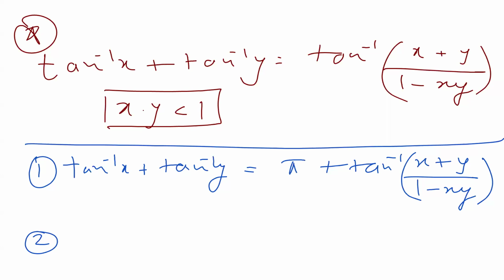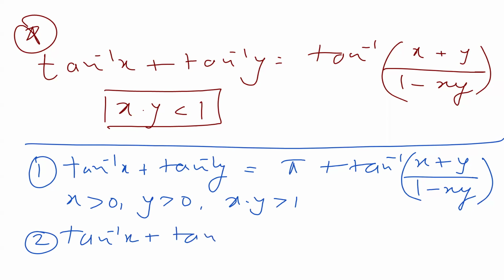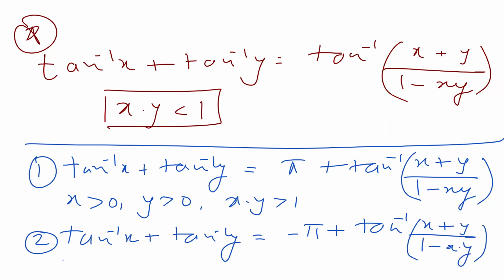The conditions over here are x is greater than 0, y greater than 0, x into y greater than 1. And the second special case is tan inverse of x plus tan inverse of y is equal to minus pi plus tan inverse of (x plus y) upon (1 minus xy), where x is lesser than 0, y is lesser than 0, x into y is greater than 1.